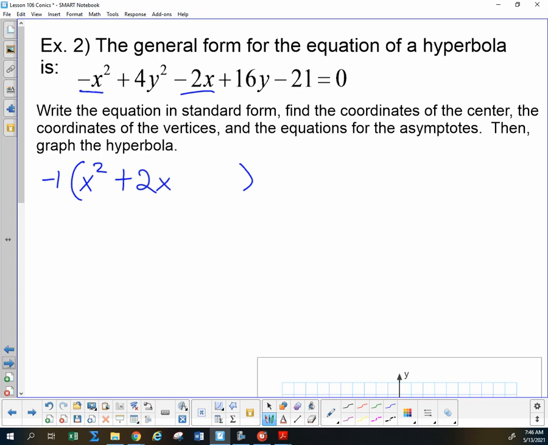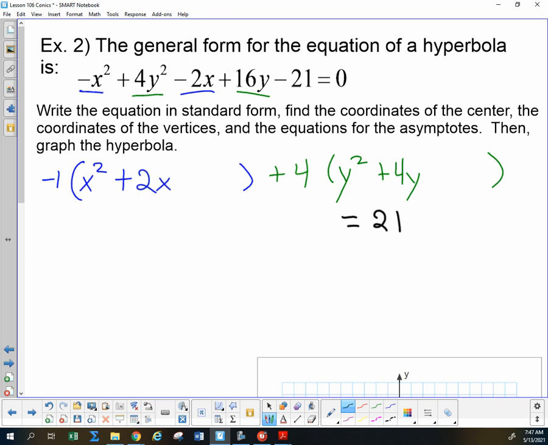I'm going to do the same thing for my y's. And I want my y's to start with a 1y squared, which means I have to factor out a plus 4. If I factor a plus 4 out of the 4y squared, I factor a plus 4 out of the 16y, and I have plus 4y, and I leave a space. And then I put the numbers on the other side, so equals 21.